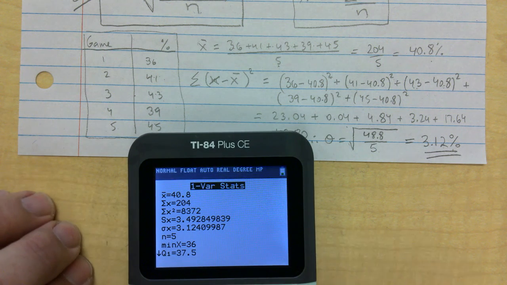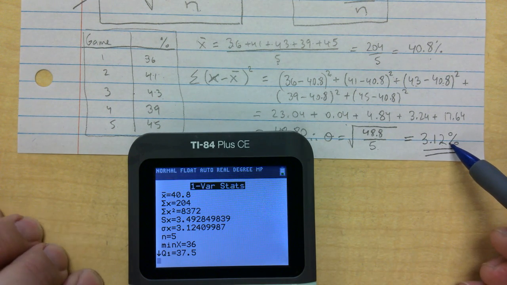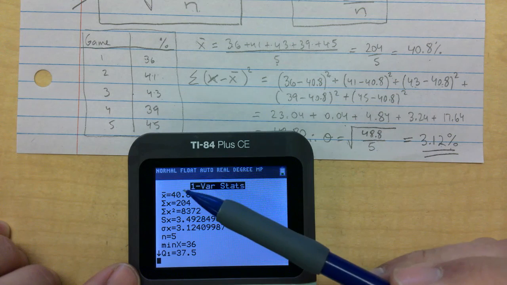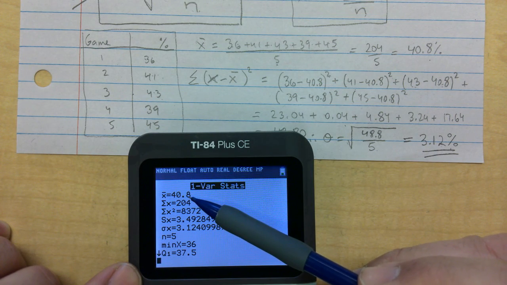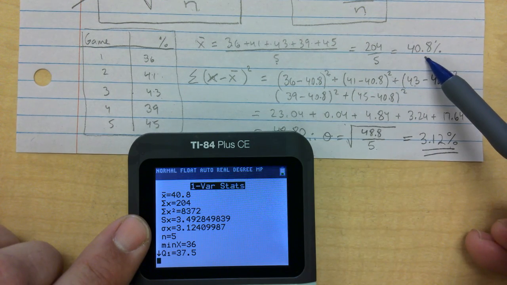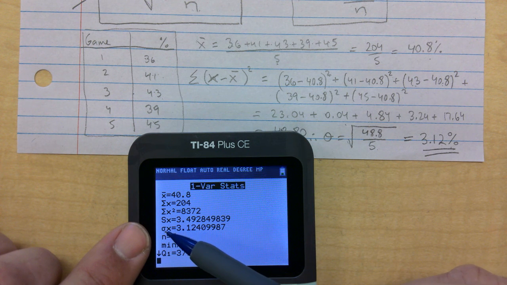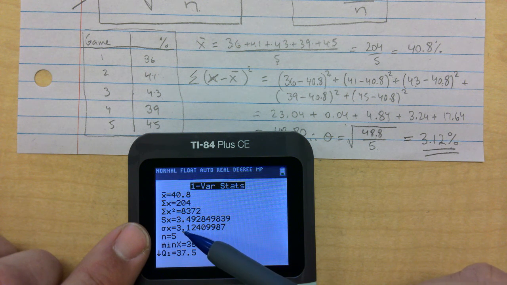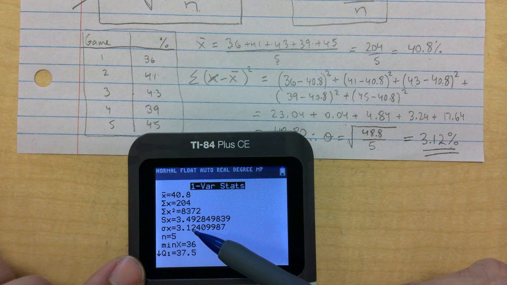And does anybody see the 3.12? Your average is up here, which we got to 40.8, right? And you should see right here, look at where my pencil is. That's that sigma of x of the values we've considered. And that's 3.12.